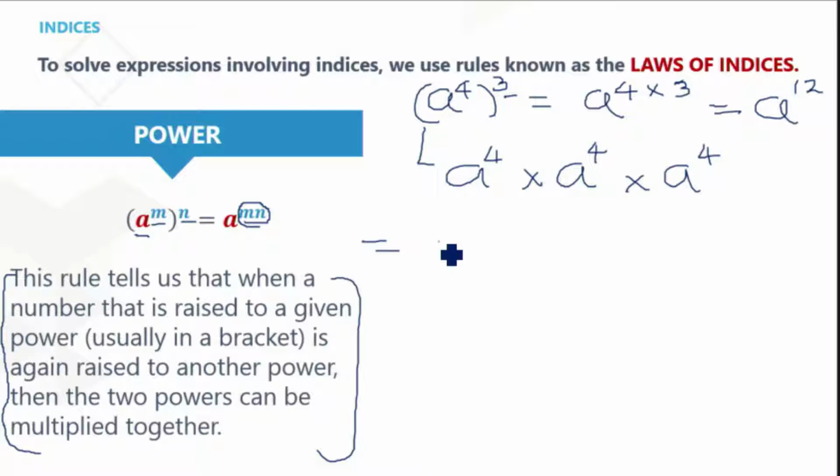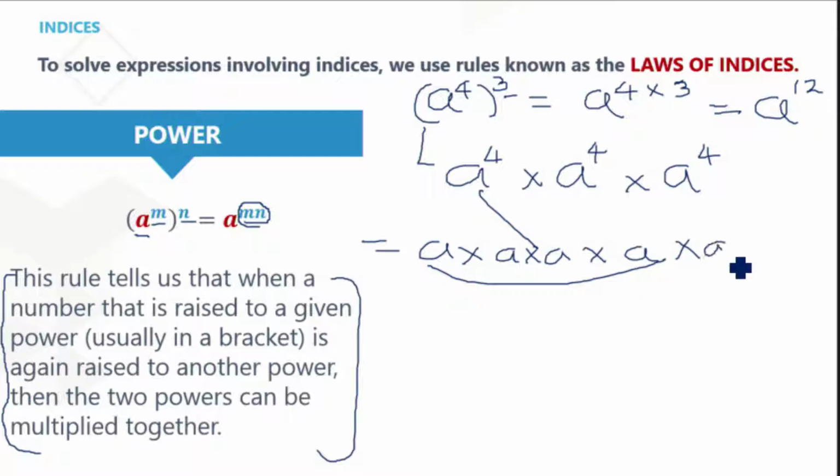It's equal to a times a times a times a, that is for this one because we have 4 a's, times a times a times a times a for this one.